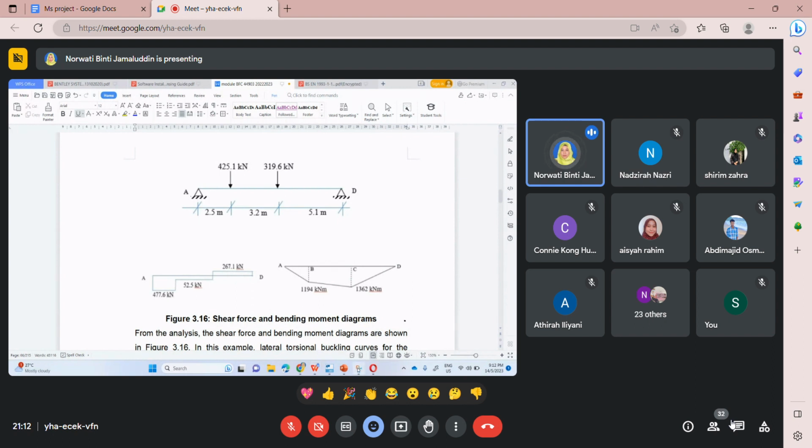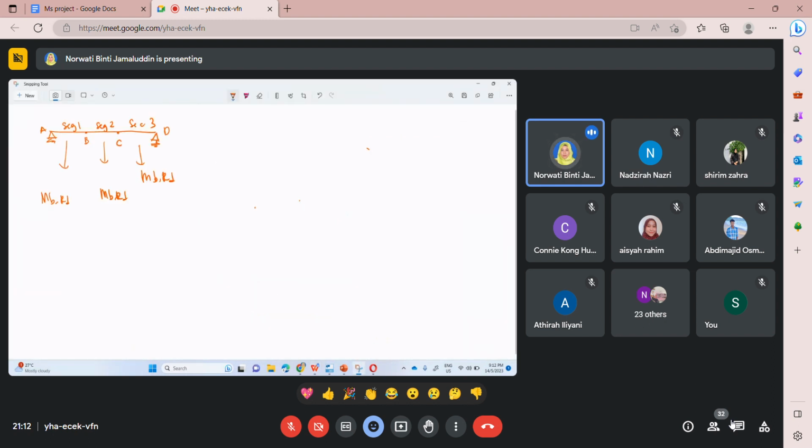What I can skip is the first segment, so I'm going to focus on segment 2 and segment 3. Now for both I need to calculate MBRD.